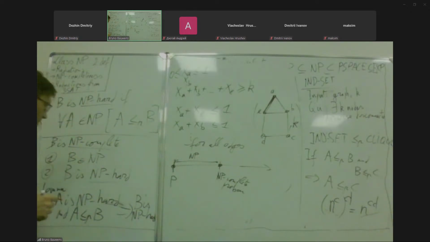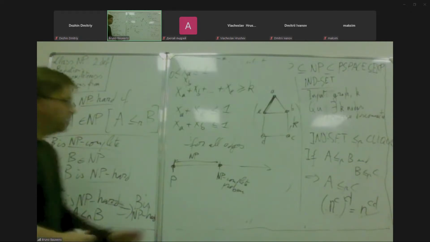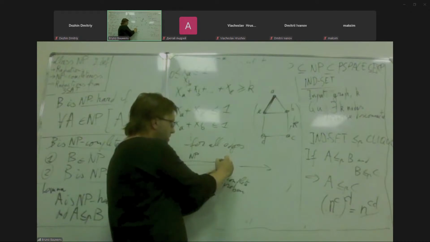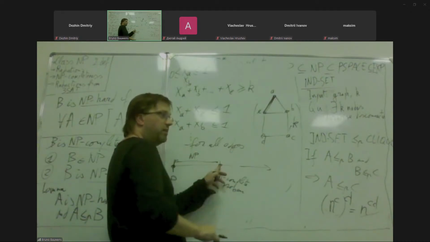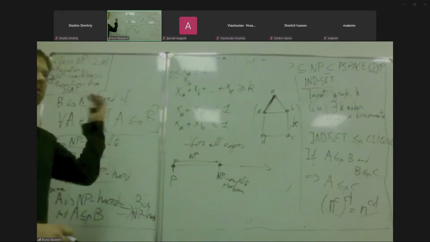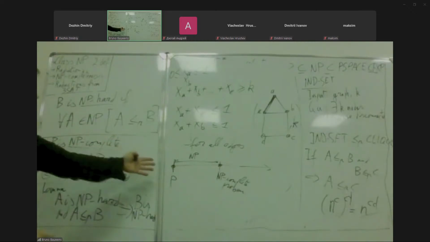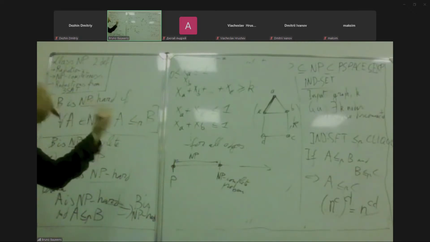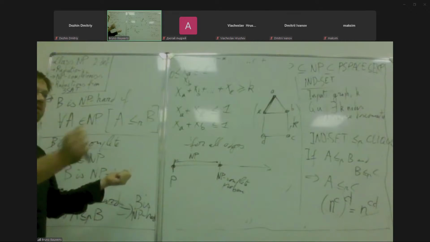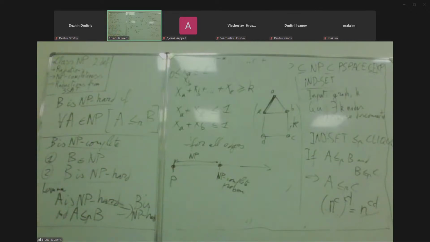So when we prove that a problem is NP-hard, we say that the problem is either here or further to the right. It's a heuristic way, not an exact way, because not every pair of problems can be reduced to each other; they're incomparable.